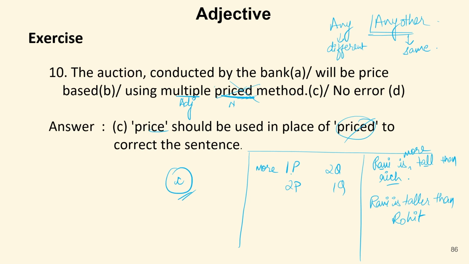But if we have two persons and only one quality of them is being compared between each other, we use er or more according to the syllable. So this is the basic criteria of comparing and using comparative adjectives. So these are some extra points and extra rules of spotting errors in a sentence.